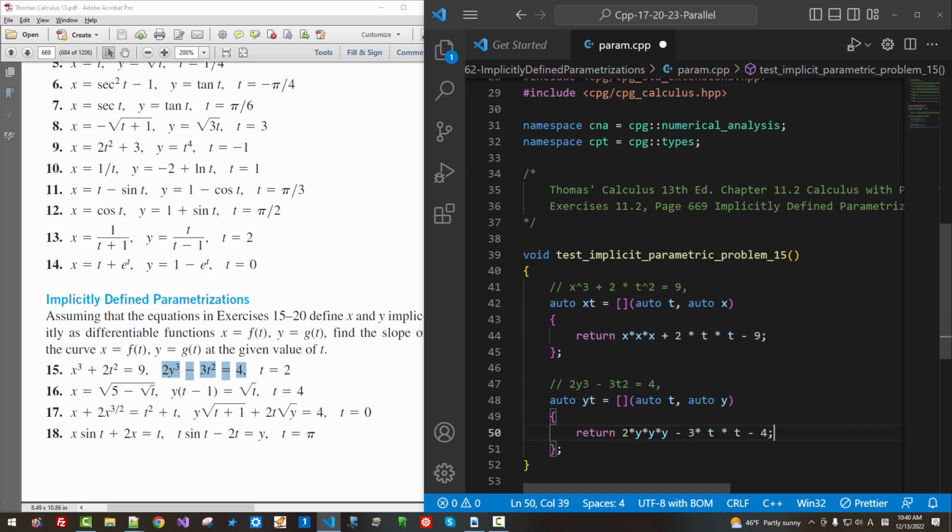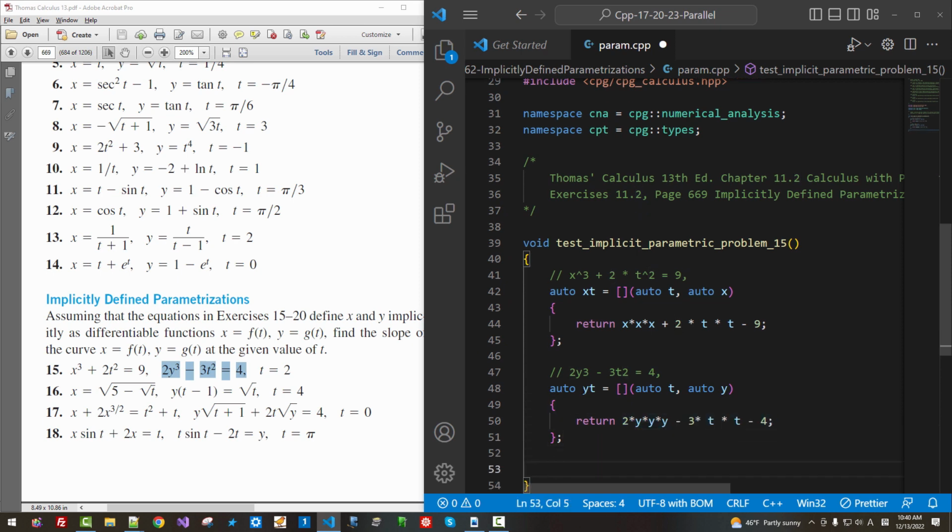So this is an implicit function. Now we defined yt and xt. I will fix it like this.